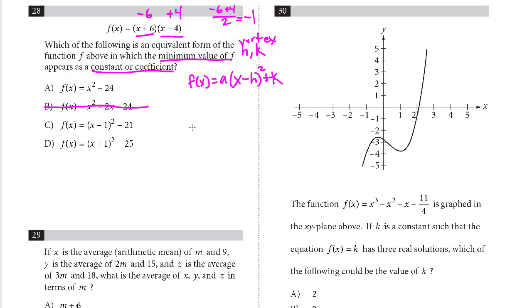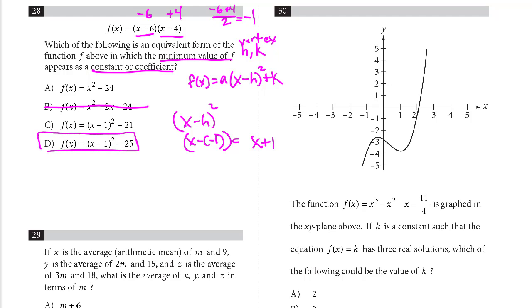So the correct factor in vertex form here is (x − h) quantity squared, and that x − h is x − (−1), which really becomes x + 1. So the correct answer is f(x) equals (x + 1) squared, and only choice D represents that.